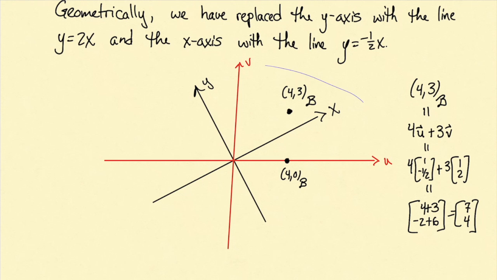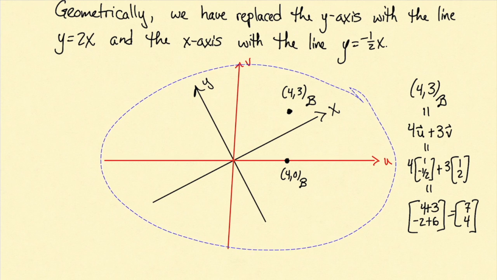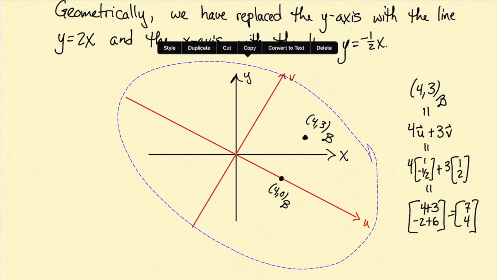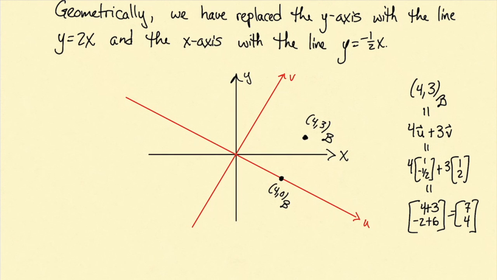So if we take our plane and we rotate it back so that we have the usual xy axes, then we can see that this corresponds to the point (7, 4). That is, you would locate the exact point described by (4, 3) subscripted with B by moving 7 units along the x-axis, and then 4 units parallel to the y-axis. So this tells us how to move from our new coordinate system back to the standard coordinate system.